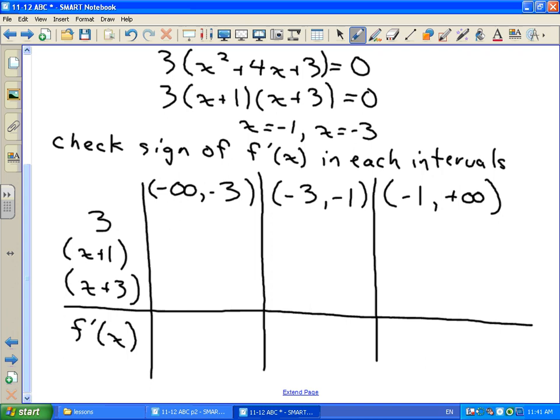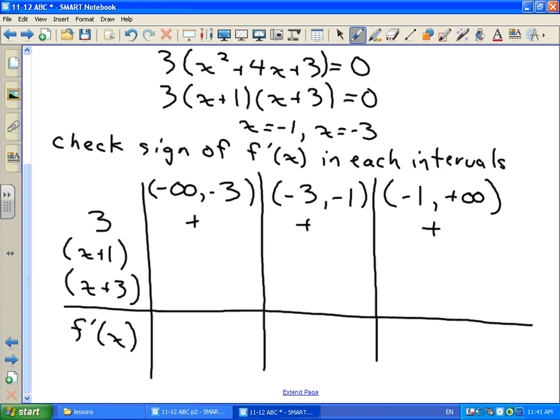So the first one's the hardest one. What's the sign of 3 going to be as we go through each of these intervals? Just the constant. Oh, I'm sorry. Yeah. I'm just going down my chart. Okay. So good. So the 3 is going to be positive no matter what happens.